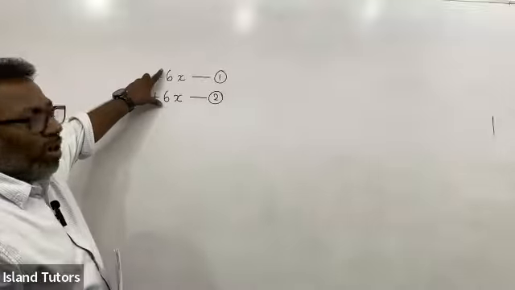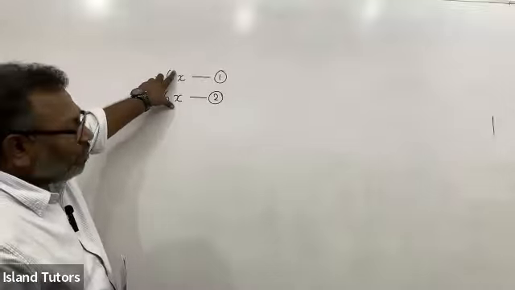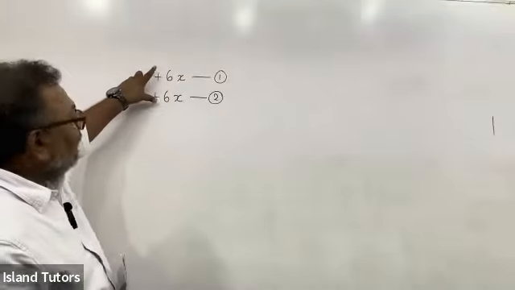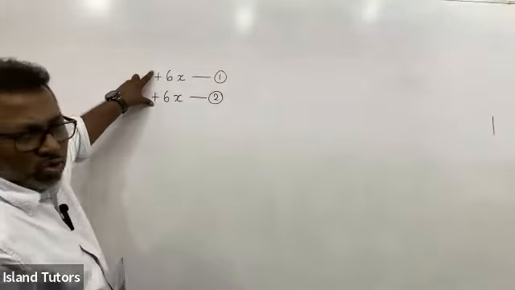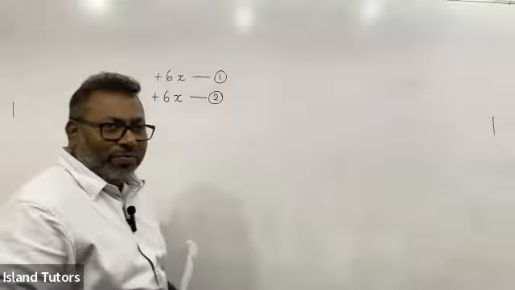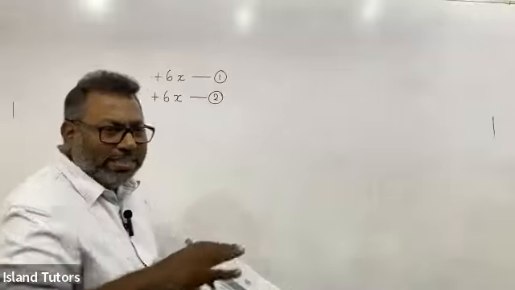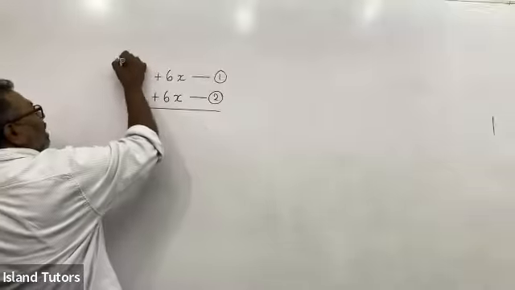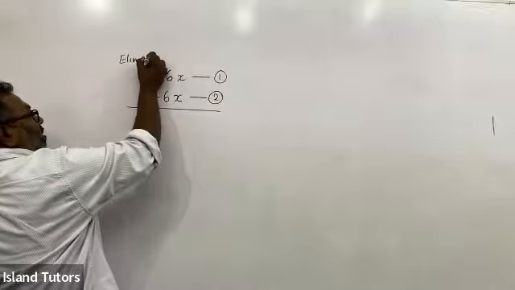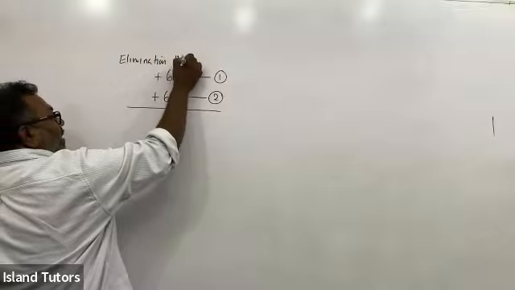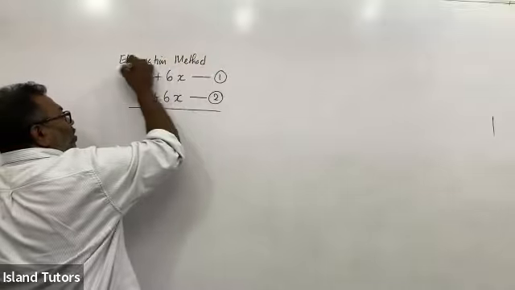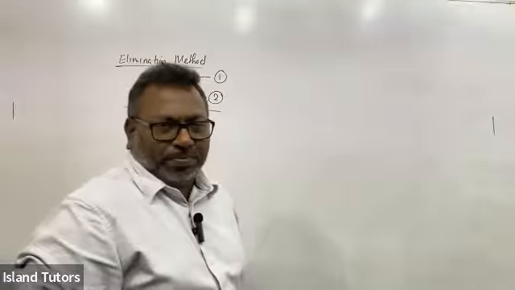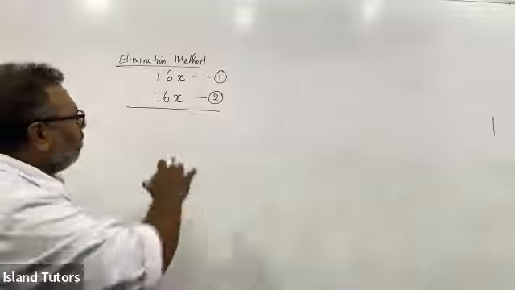If the coefficients in front of the two unknowns are the same and the sign is also the same, then in order to make it zero, we need to eliminate. We call this the elimination method. What we are going to do is get rid of x.